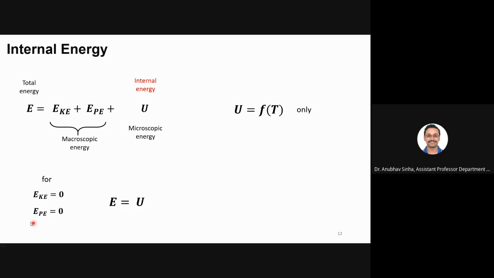Then we'll say that potential energy is 0. Okay, sir. Fine, system at rest with respect to Earth or something like that. Generally, most of the examples that we'll see will have a stationary system which is not moving. So in that case, the only parameter that we are concerned with is internal energy.